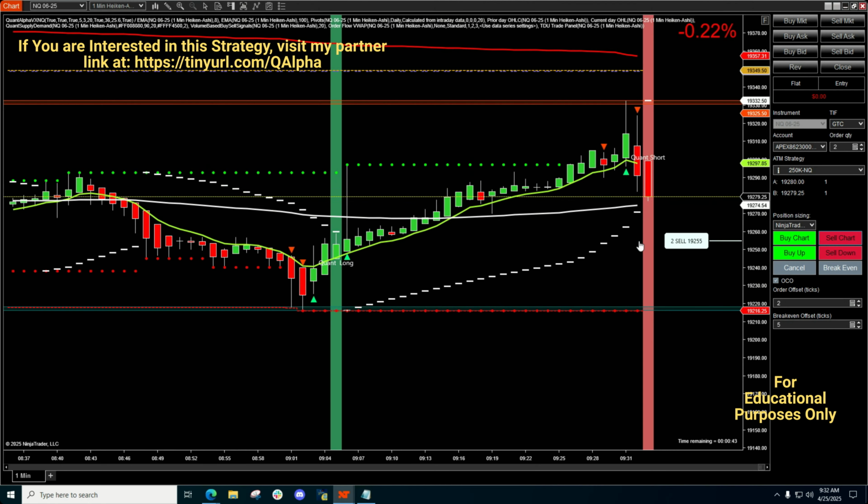So we'll get ready to see how this bar does. Once it closes, if it closes below, we'll take the short.